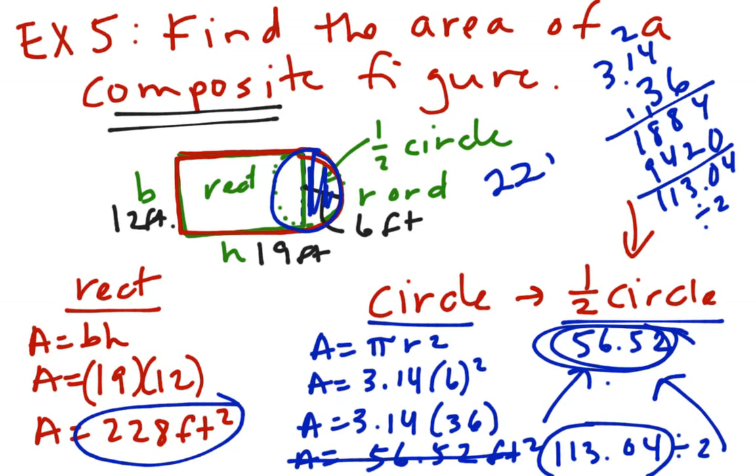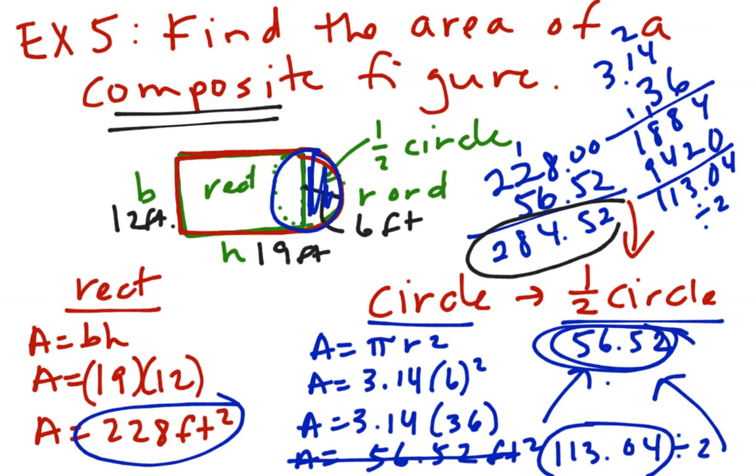So I have 228 plus 56.52. If I add those decimals, I get 284.52 square feet. Feet squared. That's the area of the composite figure. It's the shape of my key.